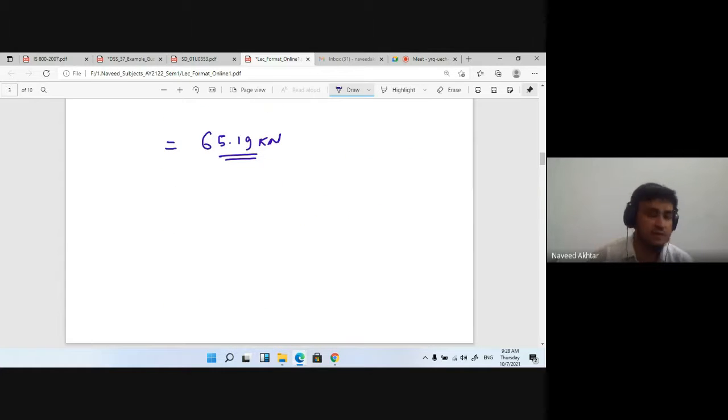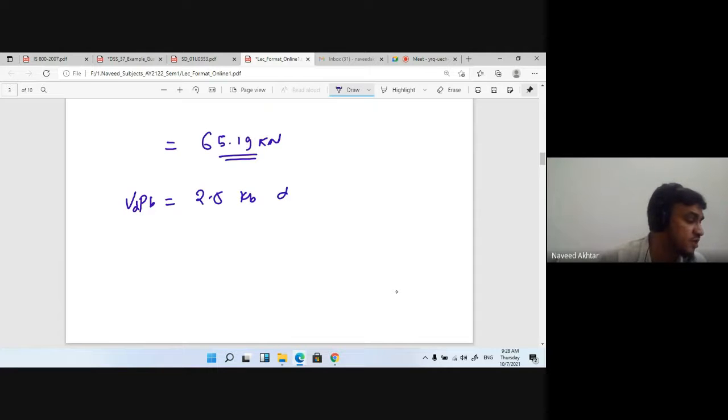Now you have to find the VDPB. VDPB is also given in your clause in IS code. So VDPB is 2.5 times KB into D into T into FU by gamma MB.